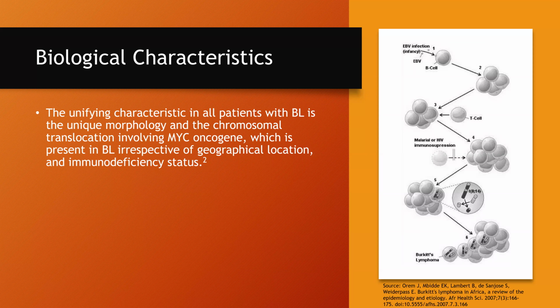And in number 5, you can see there that there is activation of an oncogene, which helps the Burkitt lymphoma proliferate itself and grow and develop into a real neoplasm.